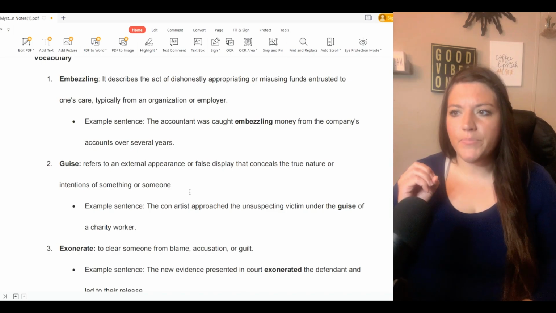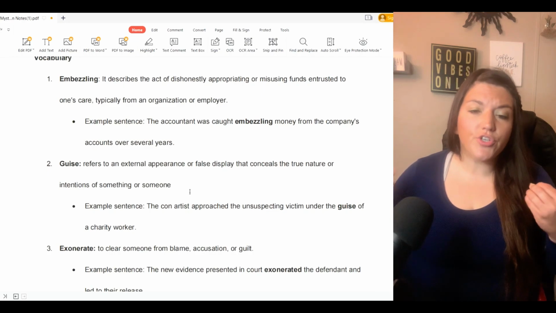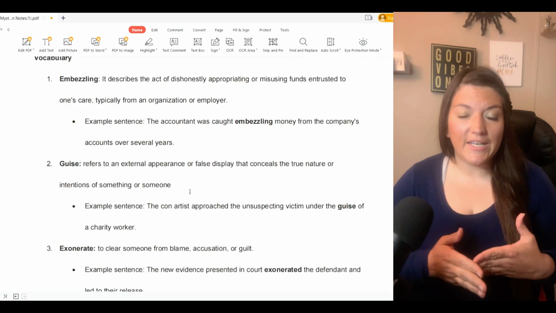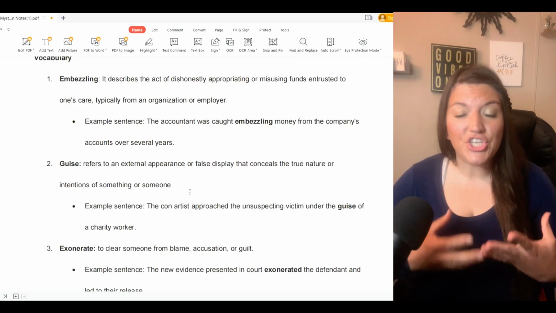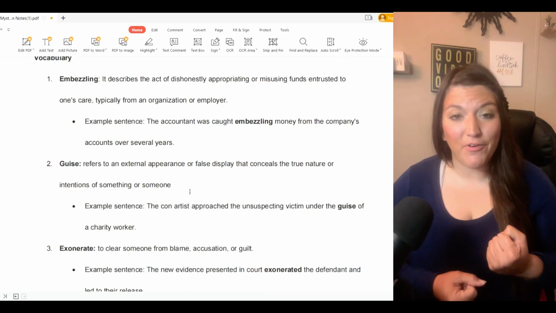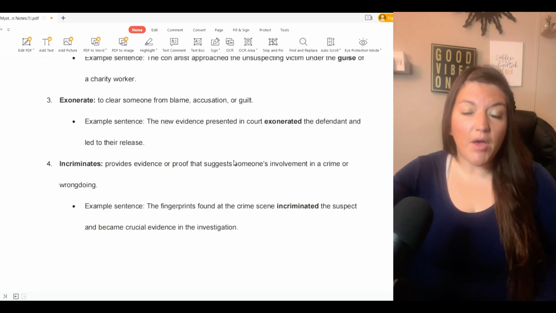Well, here's an example. The con artist approached the unsuspecting victim under the guise of a charity worker. So this person pretended to be a charity worker and approached a person asking them for money. Number 3, exonerate. Exonerate means to clear someone's name of guilt.